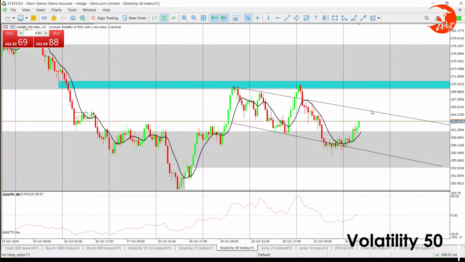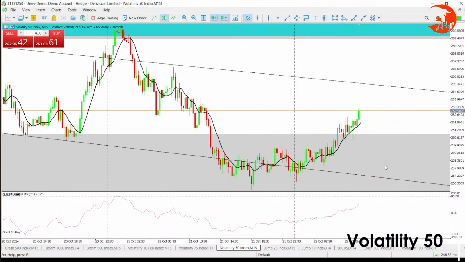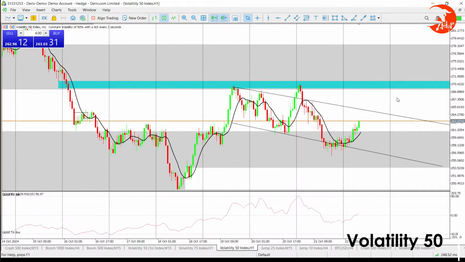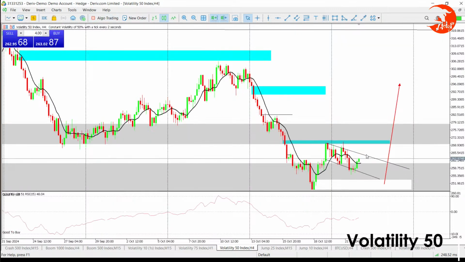When price reaches that level, we wait to give you an entry for the sales, then we sell it. Right here we don't have an entry on M15 and H1. We wait for the sales because we know we are still selling, and we said this consolidation will continue probably until it reaches that level.